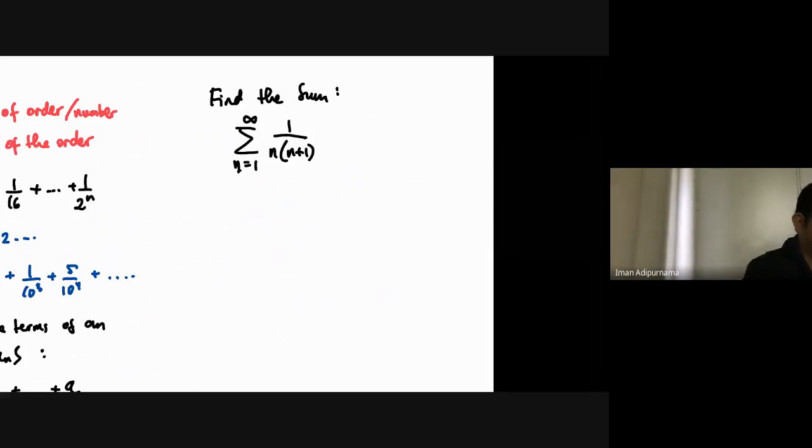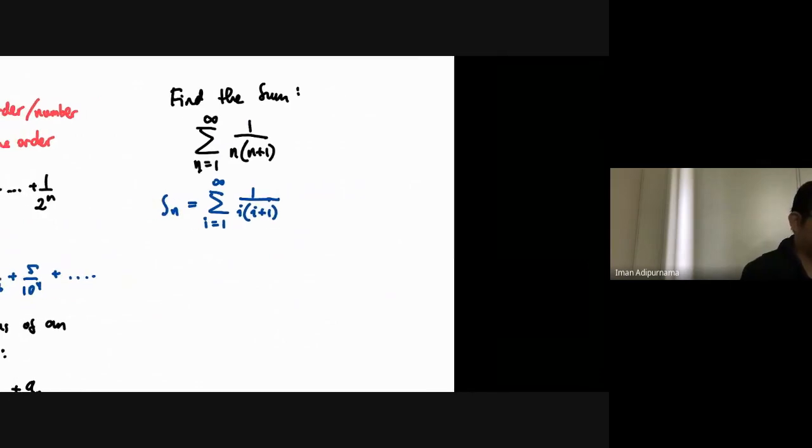Okay, and let me write the first few terms as Sn. Let me change a little bit, become i equals 1, to see the first few terms. Well, let's check from 1.